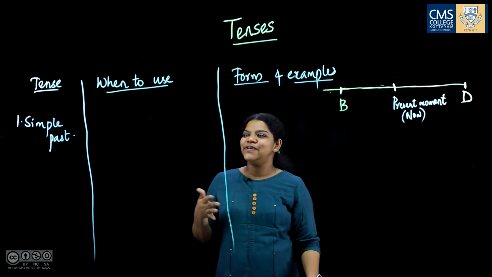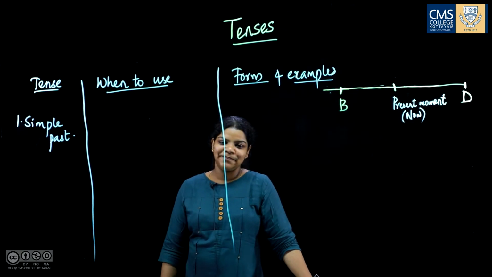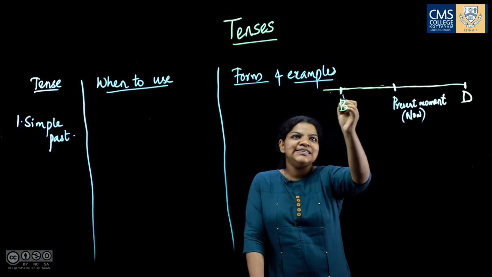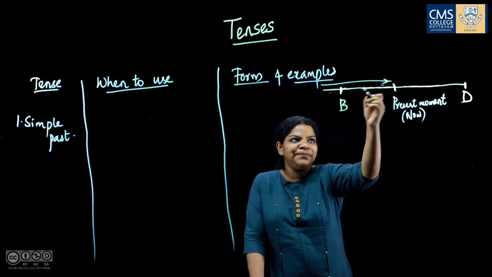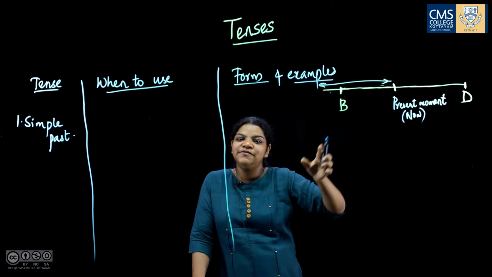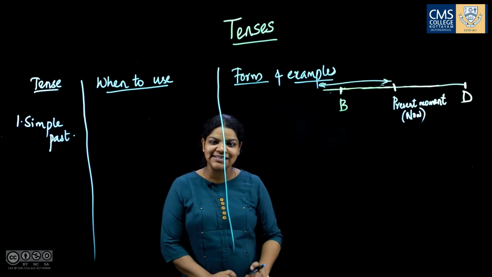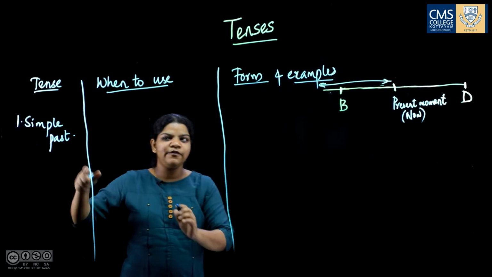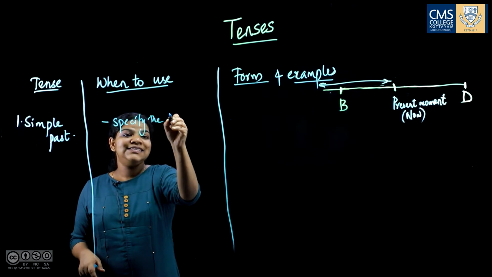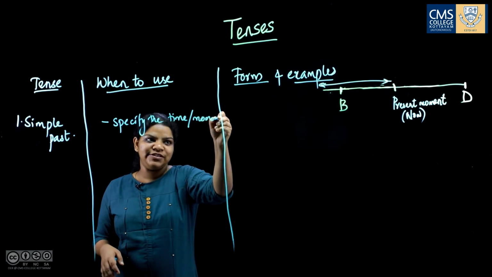Simple past tense, as we know, is an action which happened in the past, any time in the past. So in this timeline, just before this present moment, it can be any time from here to here. Simple past takes so much of time period. But one specific thing we need to remember about simple past is that whenever we use this form of tense, we specify the time or moment of action.